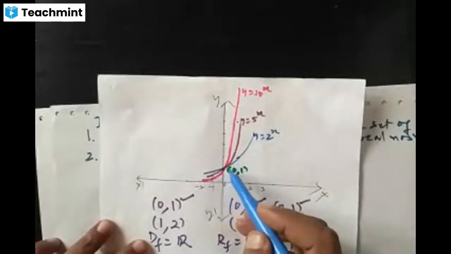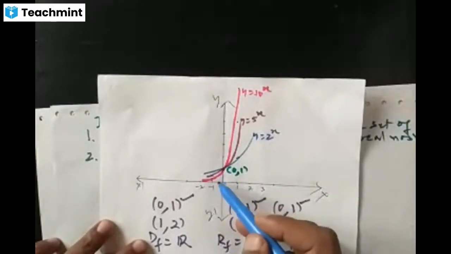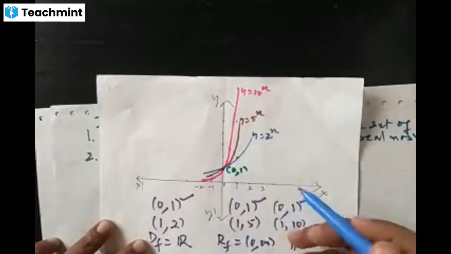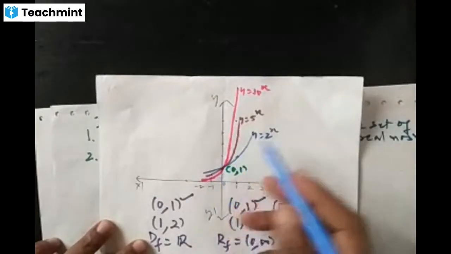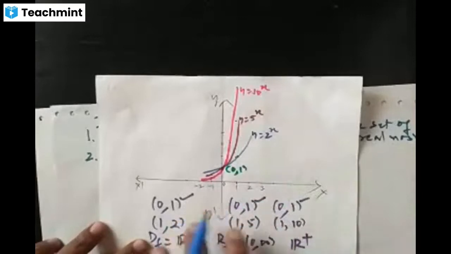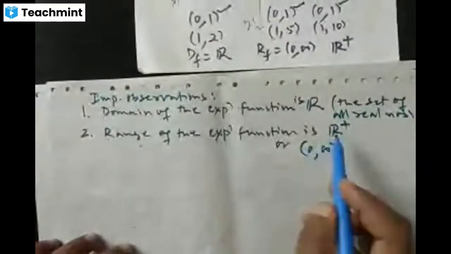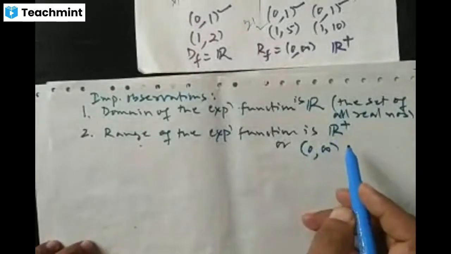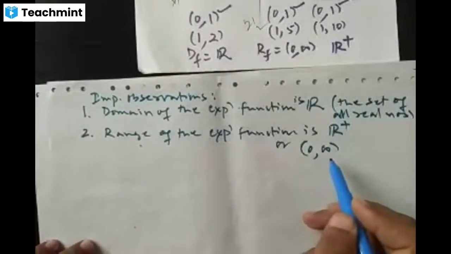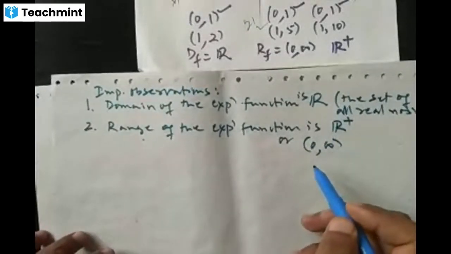They do not touch the x-axis and they do not lie below the x-axis. So that means y can take only positive values. So the range of the exponential function is the set of all positive real numbers R plus, or you can also write it as the open interval 0, infinity.